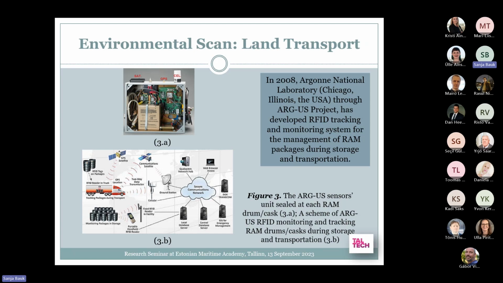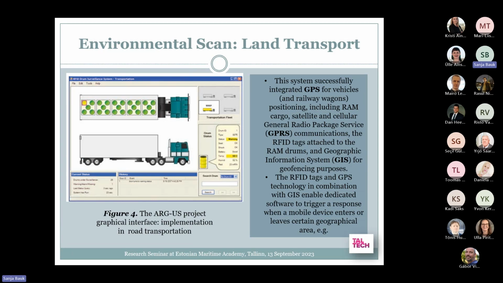This instrument was mainly based on RFID technology, integrated with GPS and a geographic information system for geofencing purposes. On the slide, you can see the dispatcher's or user's interface.